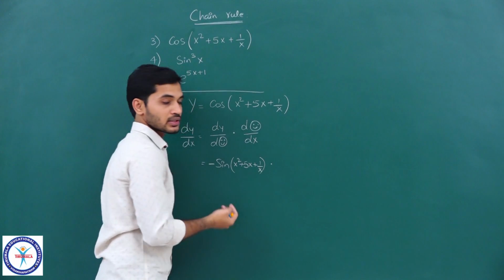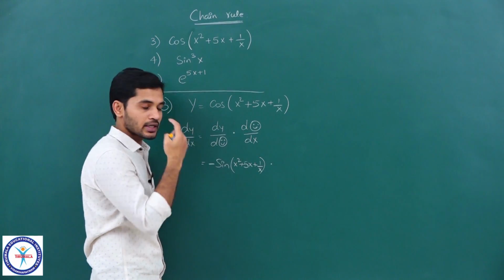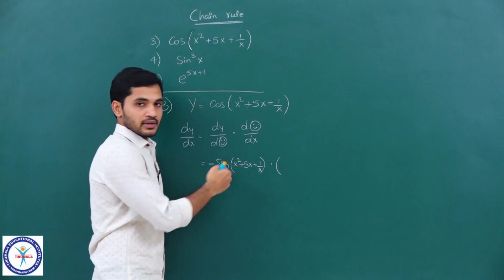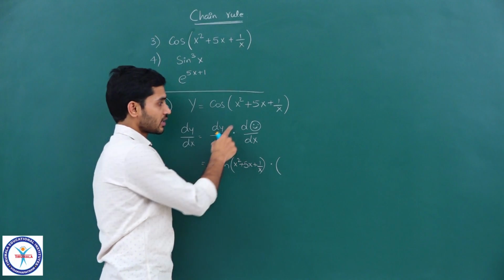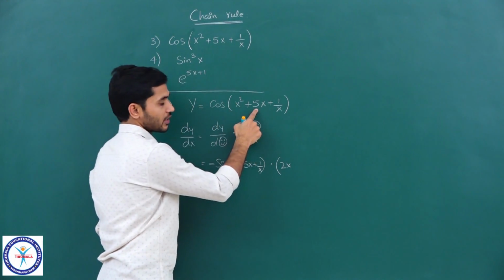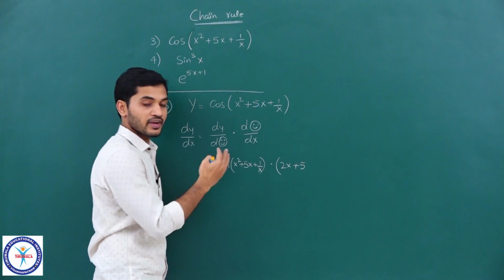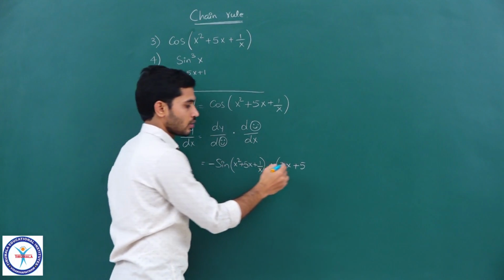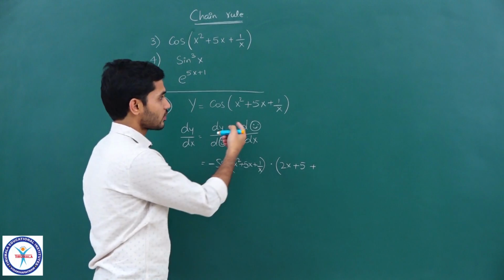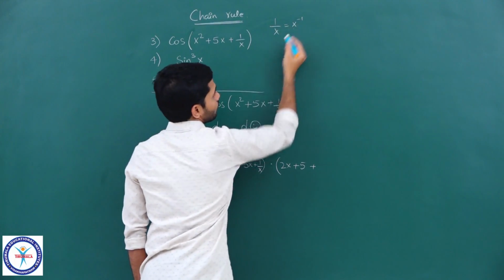Now, the second part is to differentiate whatever was inside with respect to x, correct. So, I will write the expressions directly. Derivative of x square is 2x, derivative of 5x is 5, correct, 5 into derivative of x is 1, plus derivative of 1 by x. 1 by x can be understood as x power minus 1, correct.